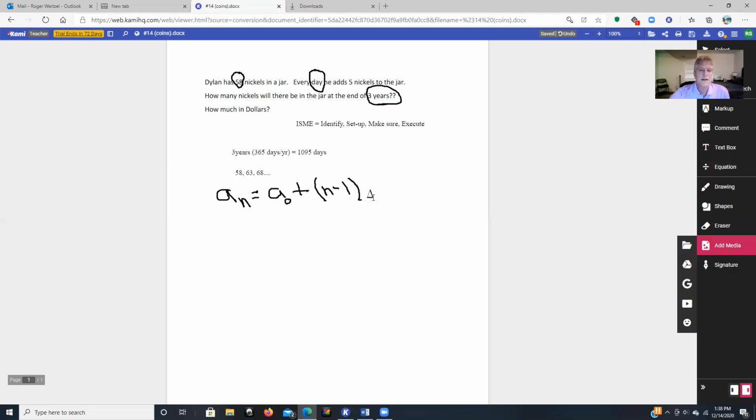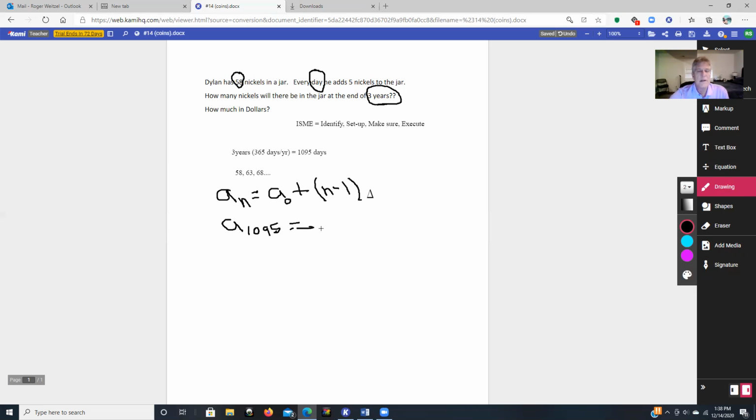All right, the delta is how much it's changing after each time increment. So let's figure out what we have. So what we know is that we want to figure out the amount. And we said this was after 1,095 days.